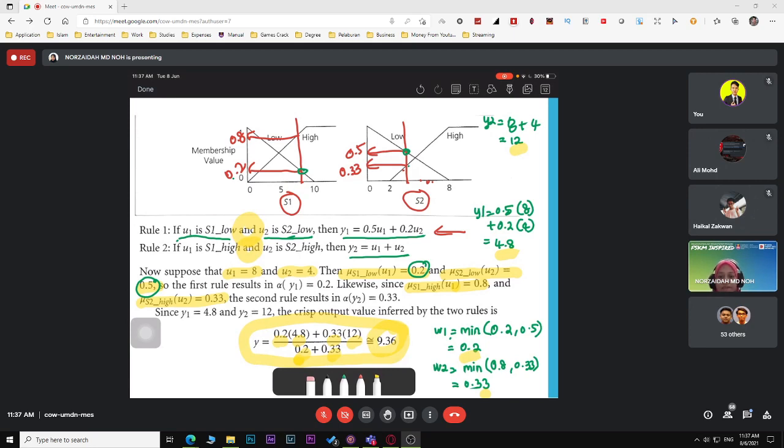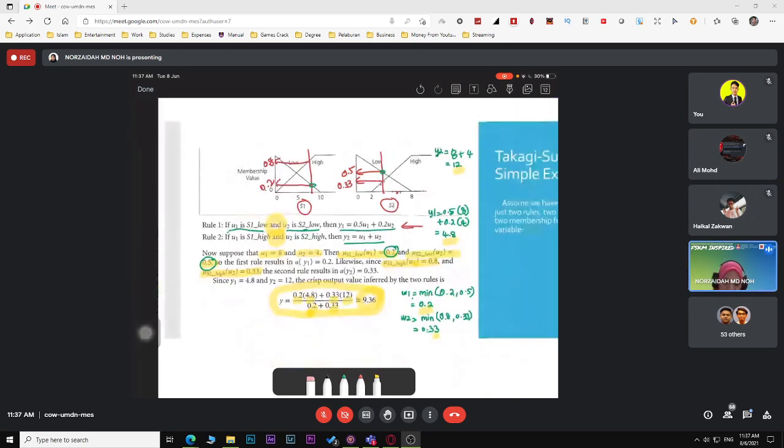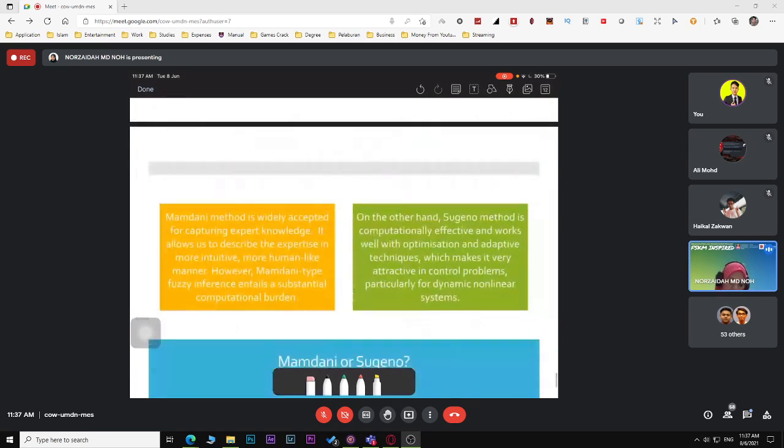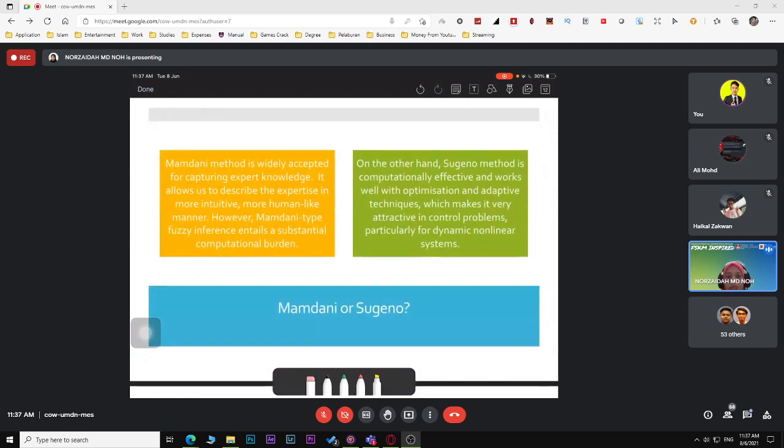Okay, so basically that is what happens when you calculate using the Takagi Sugeno style. Alright, so what is the difference between Mamdani and Sugeno? Which one are you going to use? Mamdani method is widely accepted for capturing expert knowledge. Usually when we interview an expert, it's easier to represent it in Mamdani style because your output is in the form of a fuzzy set that you can see and put in a graph, so it's easier.